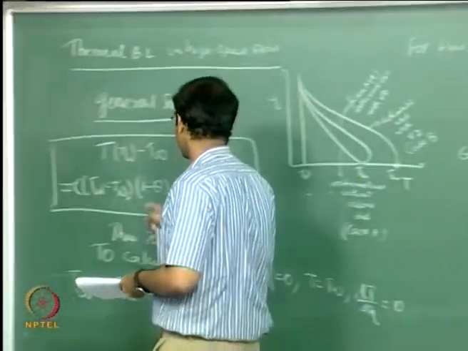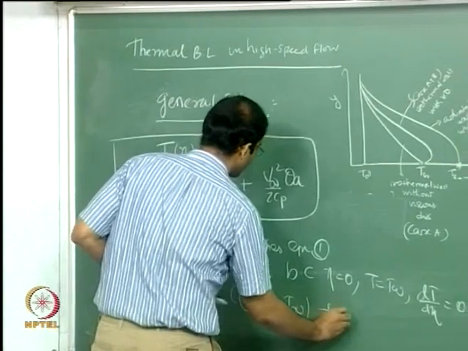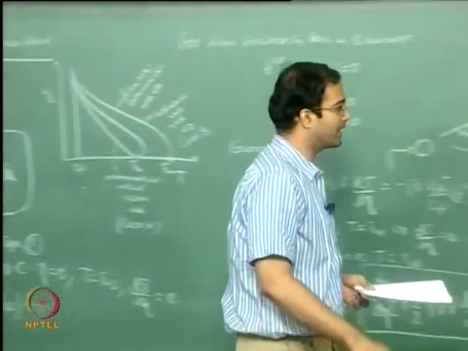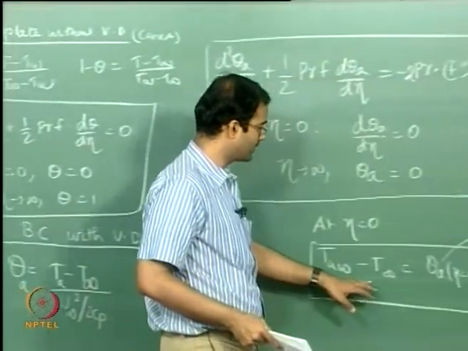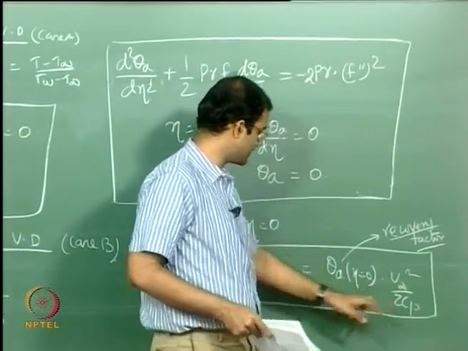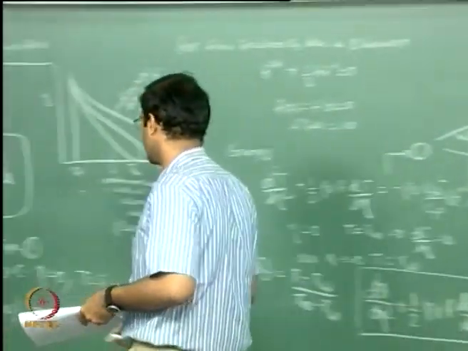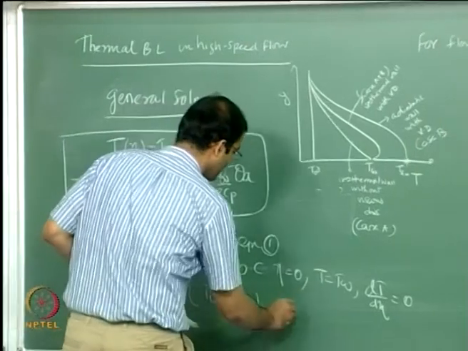Therefore this will be just 1 plus u infinity square by 2 Cp into theta A at eta equal to 0. Now from this definition, theta A at eta equal to 0 into this is nothing but T adiabatic wall minus T infinity.